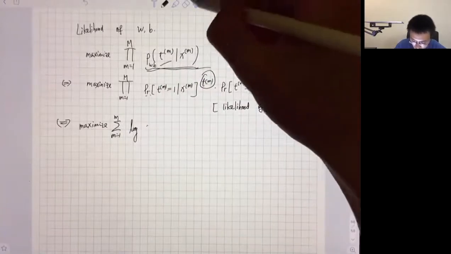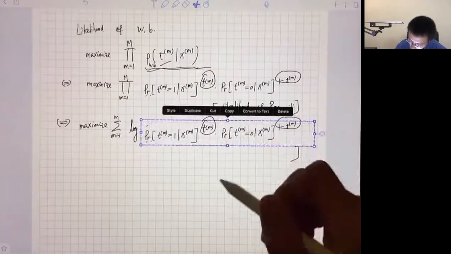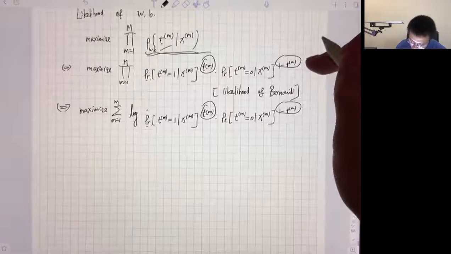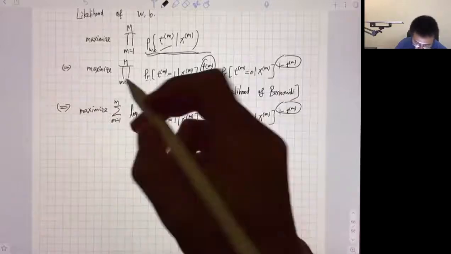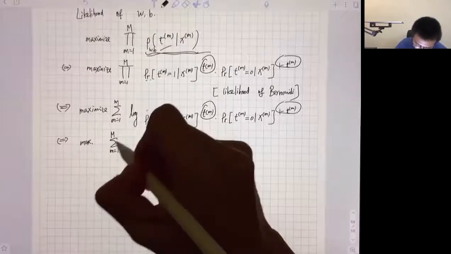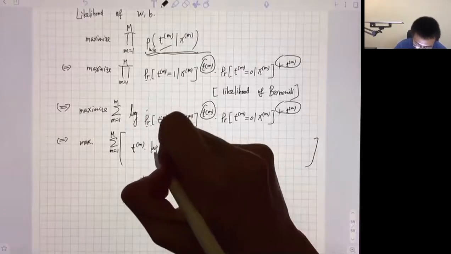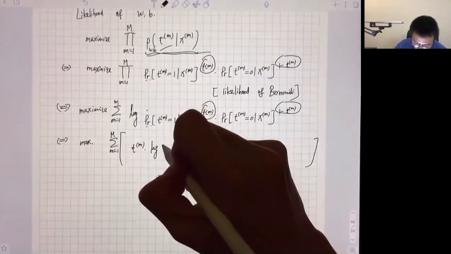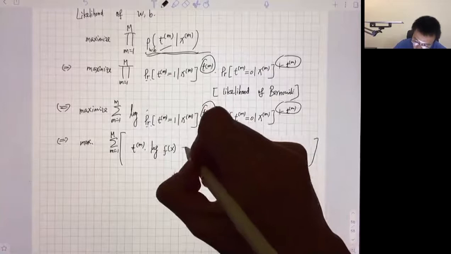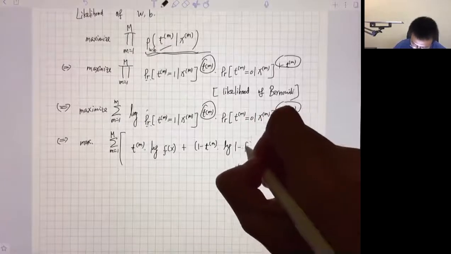I want to do it slowly. This term is equivalent to a big bracket: tm times the log of your sigmoid function, which is f of x, plus 1 minus tm times log of 1 minus f of x.